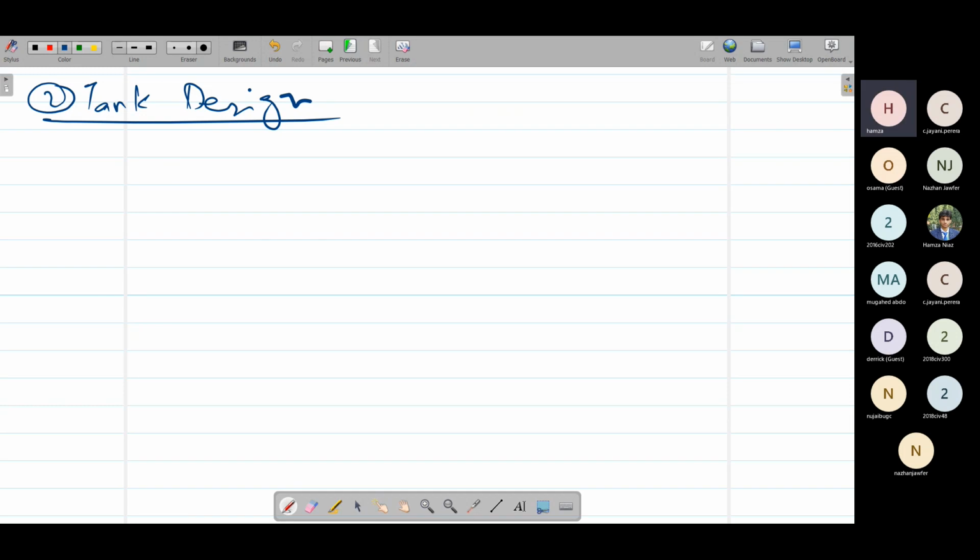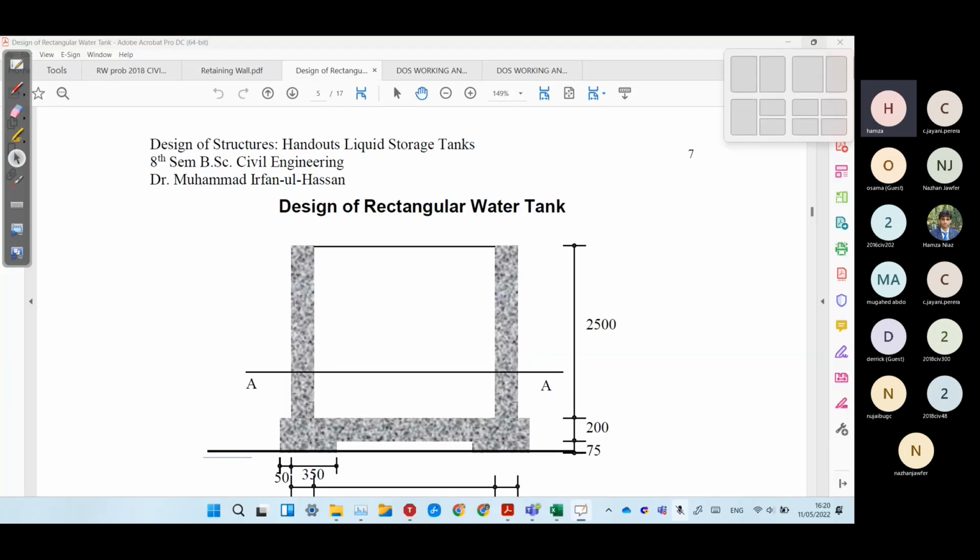The third step is to apply the 3 checks, and the fourth step is the design of components: design of stem, design of heel, design of toe, and design of base slab. So this way we can design the whole retaining wall. If we were asked about a gravity wall only, then we are going to only use dimensions, forces, and the stability checks. No need for the toe and heel steel design.